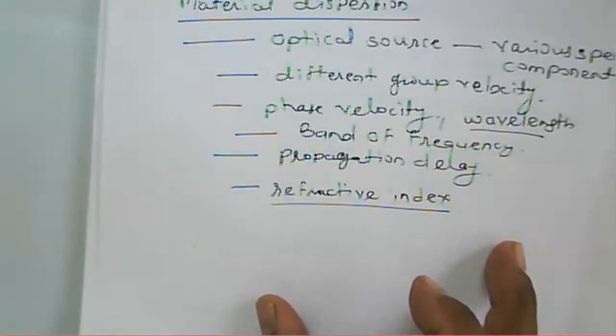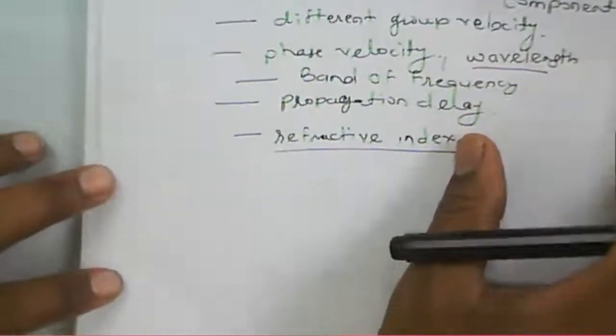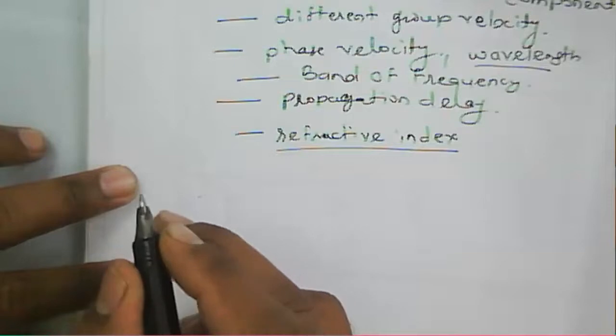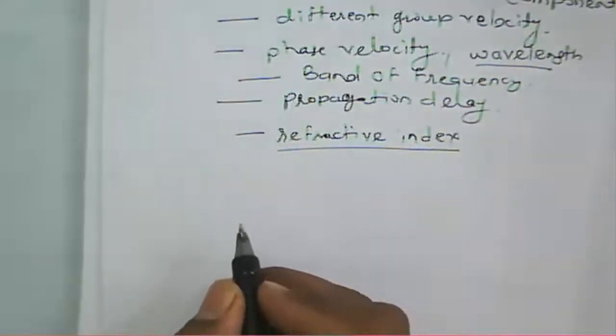So pulse spread or pulse broadening depends upon the group velocity, or you can say the group delay.